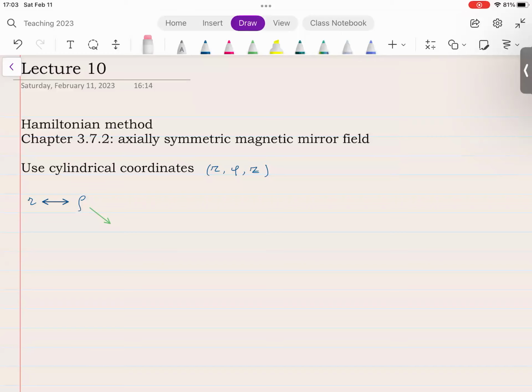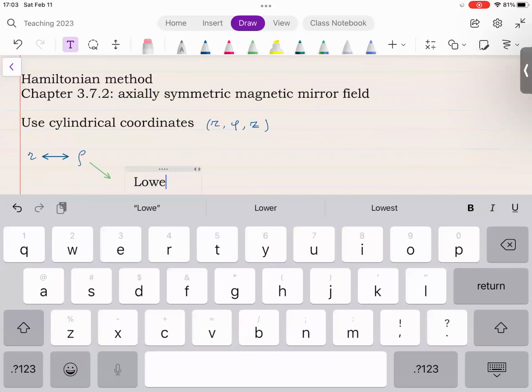And the reason why I'm doing this is that if I use rho, I'm afraid it's going to become difficult to distinguish between rho and p, which are conjugate momenta, which we're going to need in the Hamiltonian description. And that will just make this more confusing than it needs to be. In conclusion, we are going to use r and not rho.